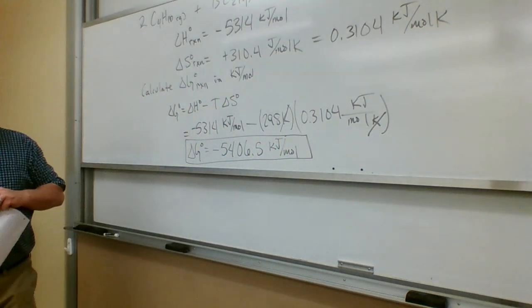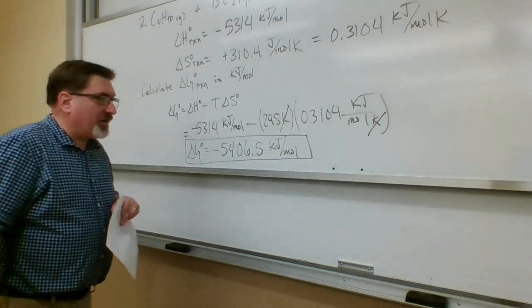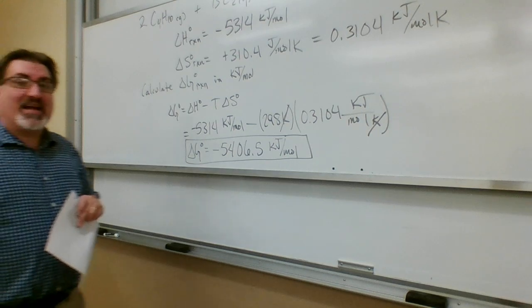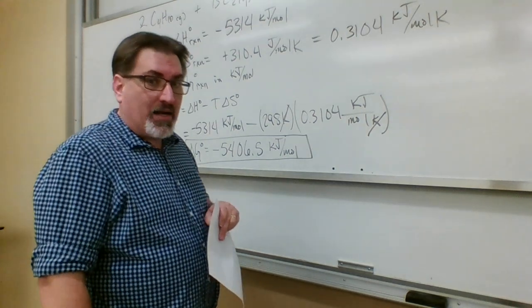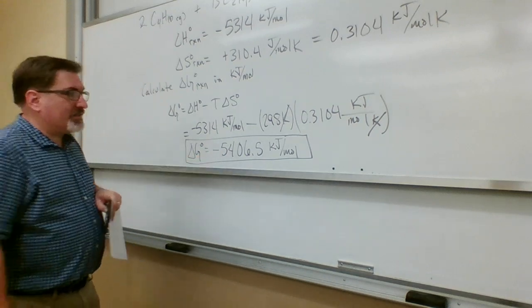We should also be able to tell if this is spontaneous or not. Delta G values are spontaneous when they are negative, when there's energy to be released to the surroundings. A negative delta G, that's spontaneous.